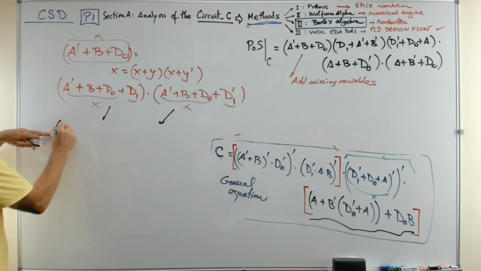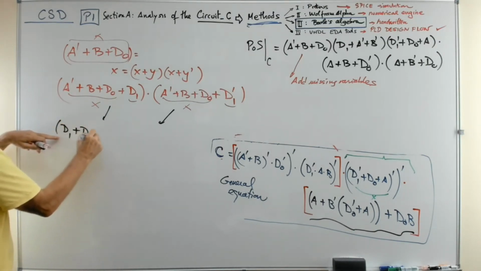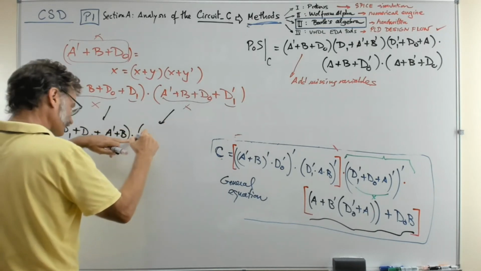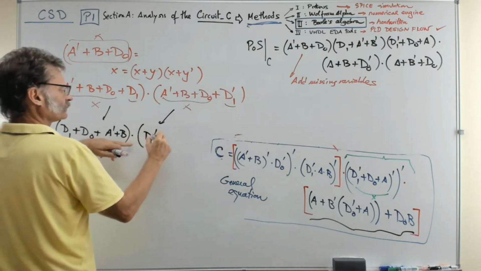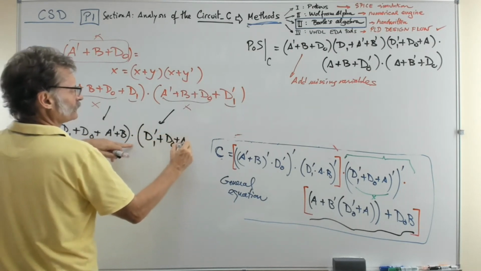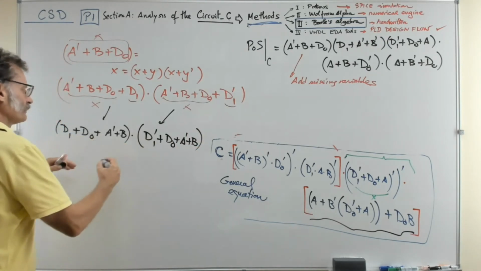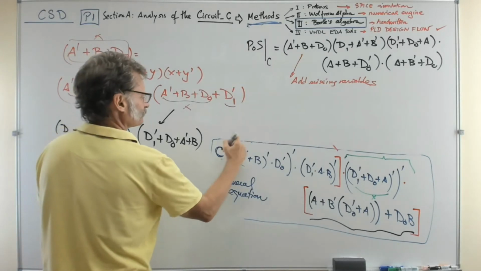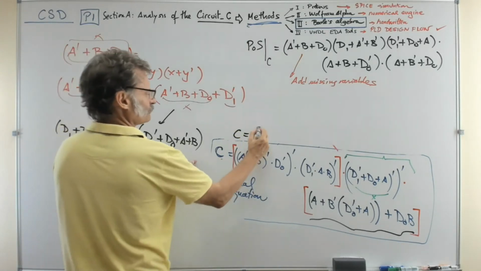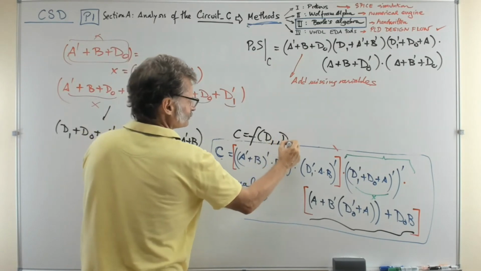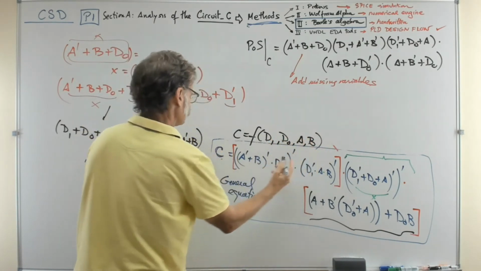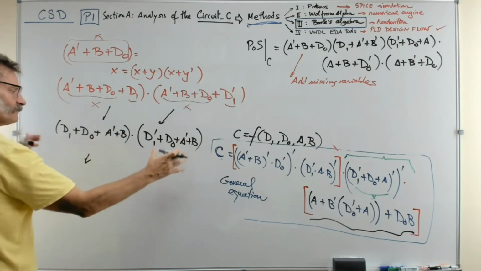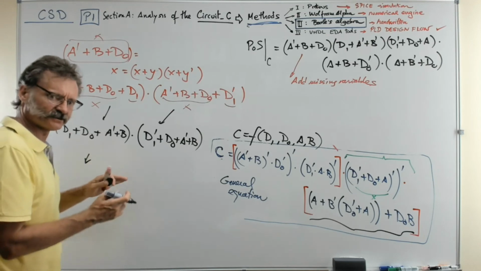So this is going to be D1 or D0 or A naught or B, and that one again, D1 naught or D0 or A naught or B. In this way now, because the C is a function of D1, D0, A and B, very well, you've got the right order, all the variables in place, whether they are inverted or not.